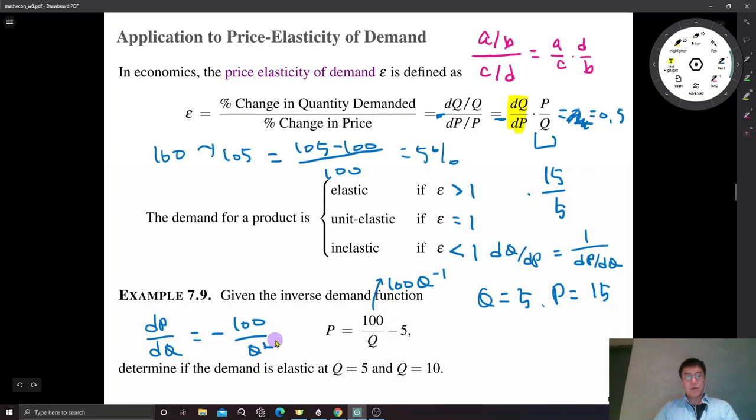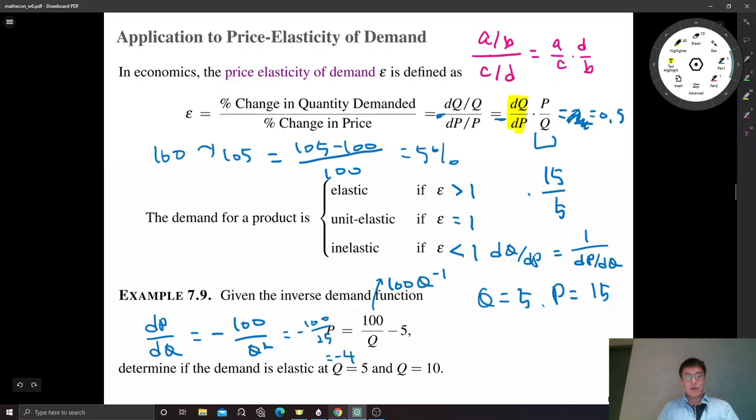And negative power means the reciprocal, so we can just put it on the bottom and change the sign to positive. Okay, so we obtain this. And negative 5 goes away because that is a constant. All right, so when q is equal to 5, dp over dq is negative 100 over 25, which is negative 4.